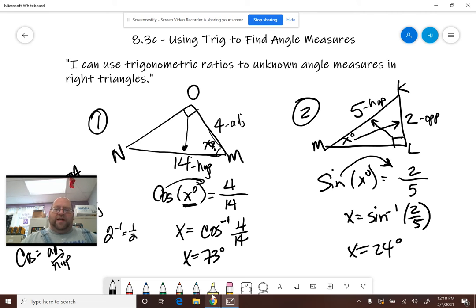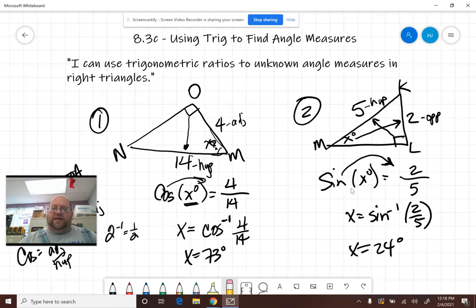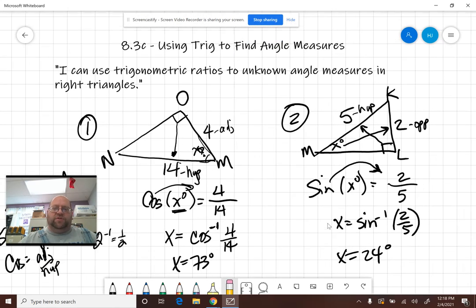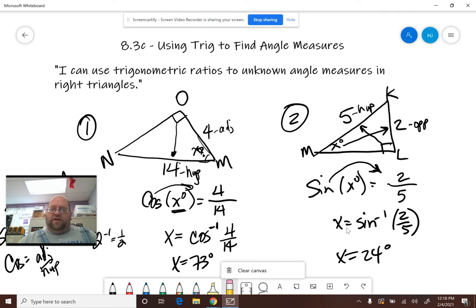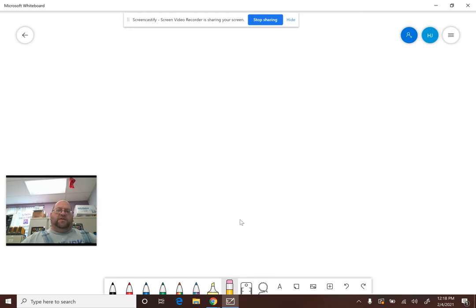Let's go ahead and work out one more problem. I'm going to go ahead and erase this. Let's go ahead and just clear it out. So let's clear out the canvas. And we got plenty of room here now. And let's go ahead and write out, or draw out, number 3 for today.